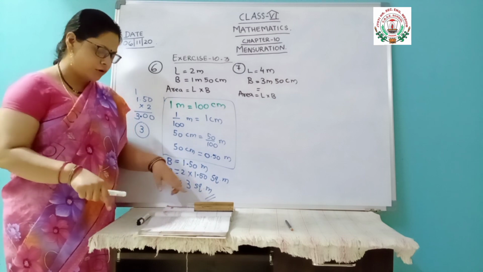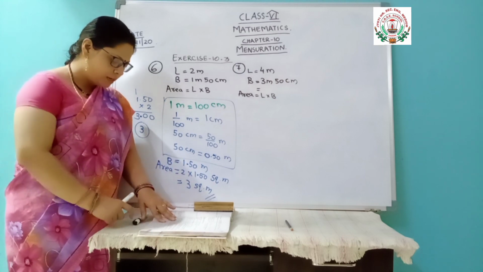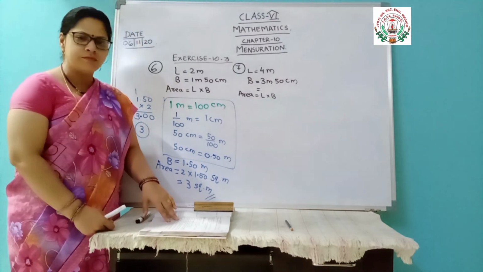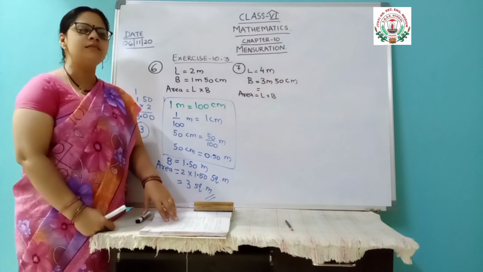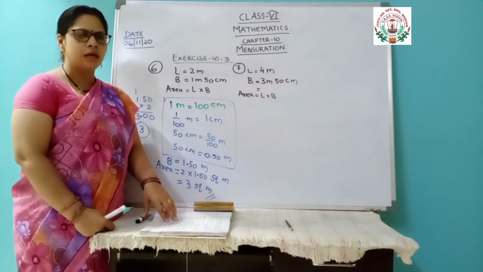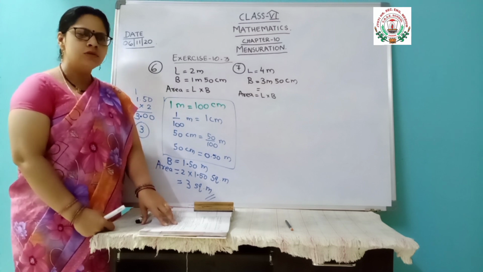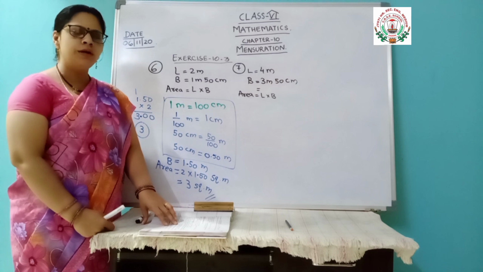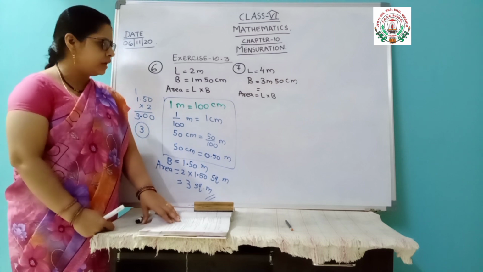To cover the floor of the room, how much square meters? Now here, as I have explained in the previous question number 5, the word area you will not see there, but by seeing the unit you have to understand that you have to find out the area there. Square meters is asked there. Square meters is the unit of area. That means you are going to find out the area there.